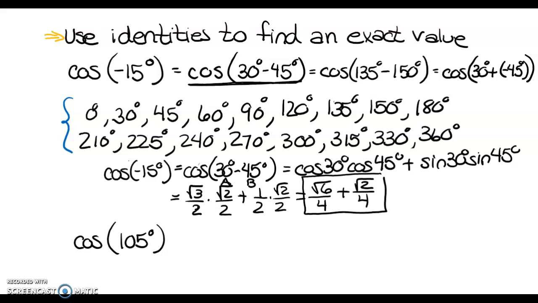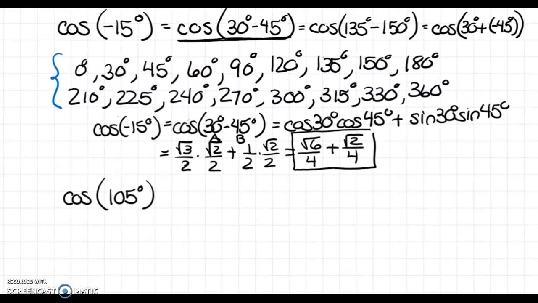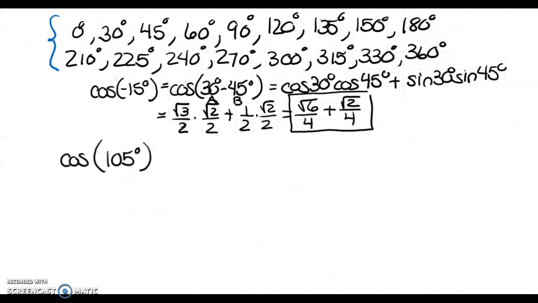So I'm not going to write all of these angles out for every single problem, but I am going to try and keep it up here for this one. So the cosine of 105 degrees, well, either I have to find a difference of two angles that equals 105 degrees, or I need to find two angles that add to 105 degrees. So I could use the cosine of 45 degrees plus 60 degrees.